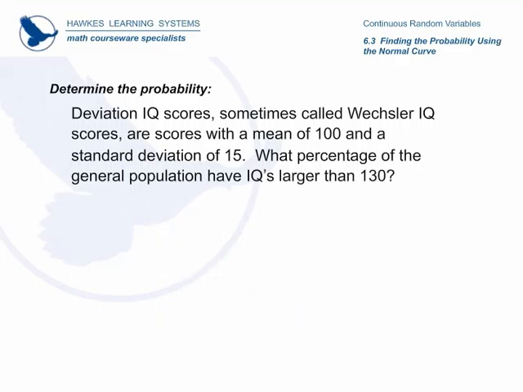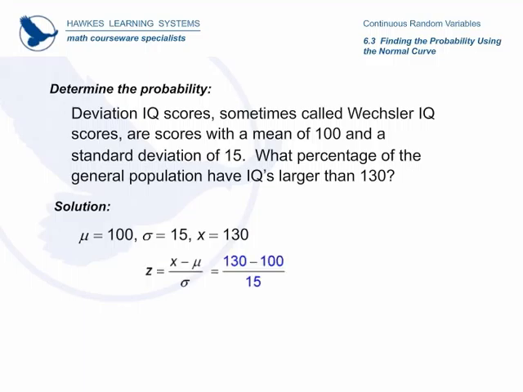For our next example, let's take a look at deviation IQ scores, sometimes called Wechsler IQ scores, with a mean of 100 and a standard deviation of 15. What percentage of the general population have IQs larger than 130? So we have a mean of 100, standard deviation of 15, and our data element of x equals 130.